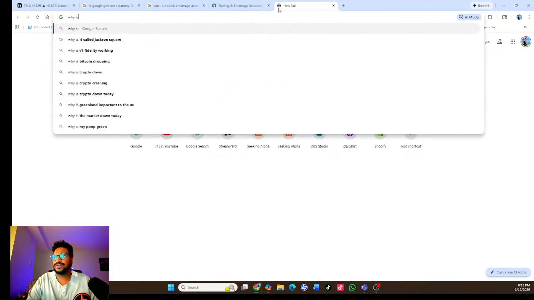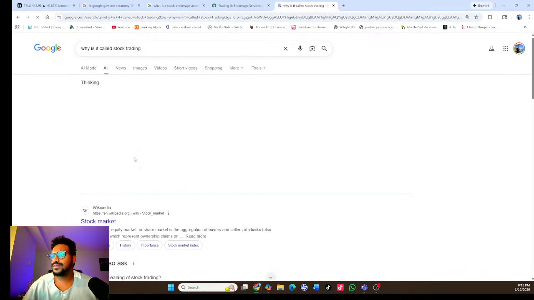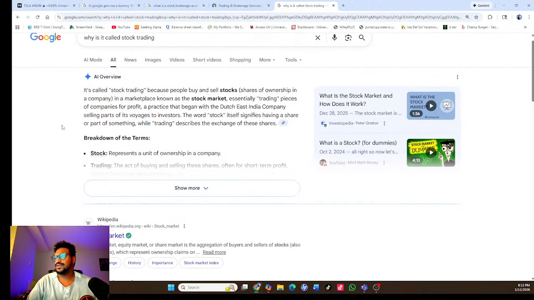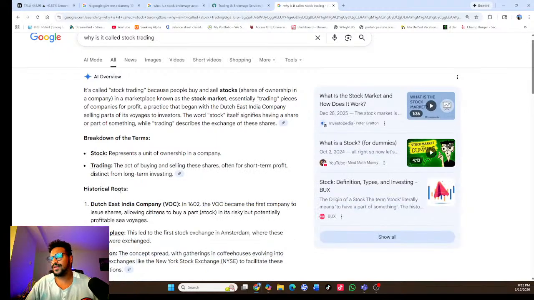Why is it called stock trading? It's called stock trading because people buy and sell stocks in a marketplace known as the stock market. They trade pieces of companies for profit, a practice that began with the Dutch East India Company selling parts of its voyages to investors.